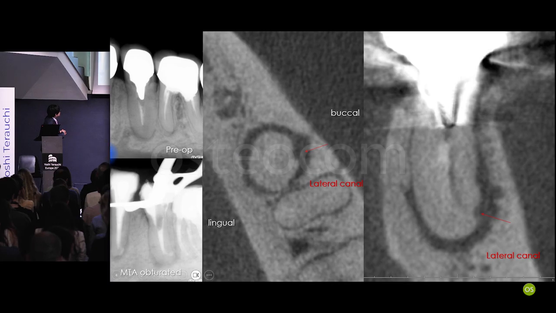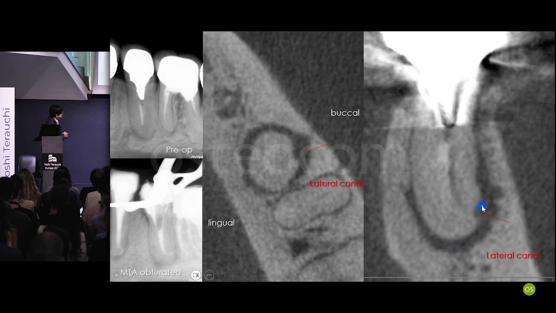So here is another case. On the 2D radiograph, you see small PDL widening, and you see the root filling underfilled. And I took radiograph and CBCT. You see the opening of the root canal on the buccal side. You see the curvature, and there's no apical foramen at the apex.